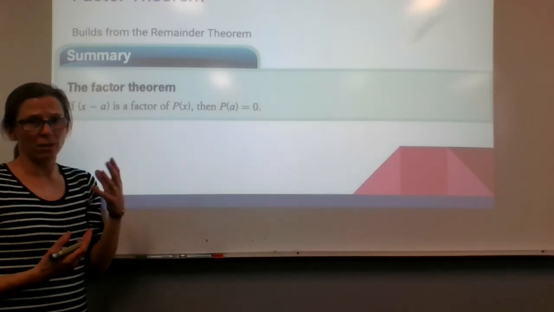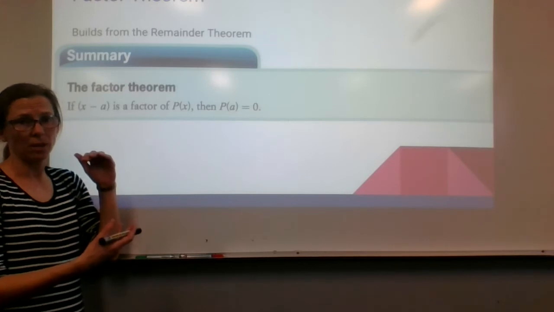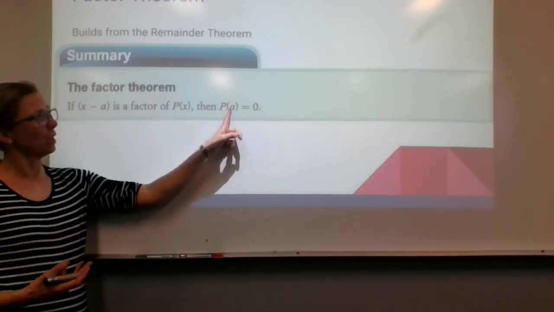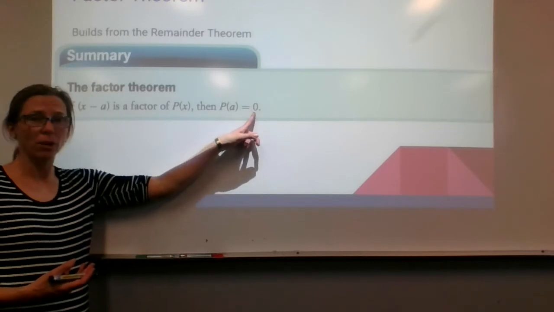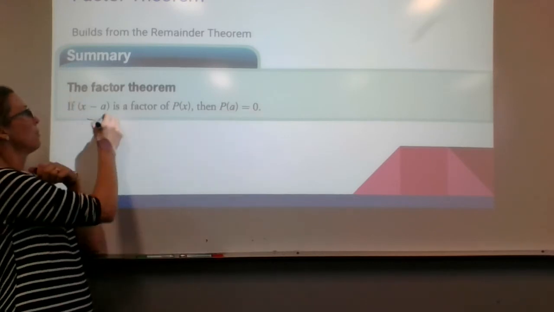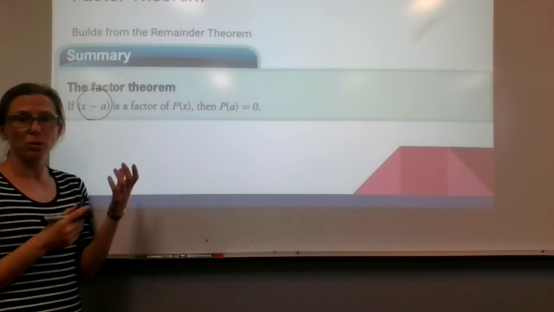Now, the factor theorem says that when I use the remainder theorem and substitute in a value, if I get a result of 0, then x minus a must be a factor of the original polynomial.